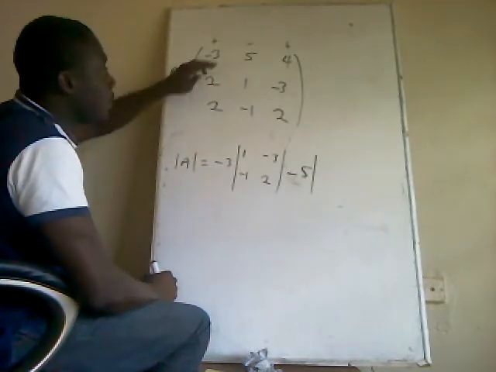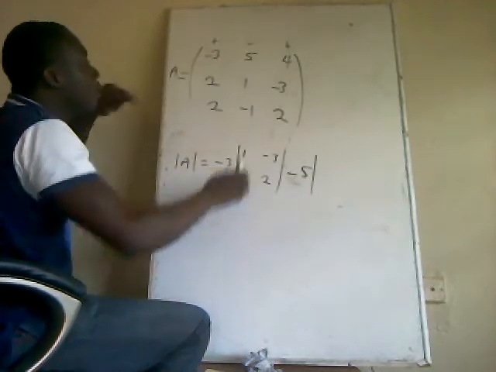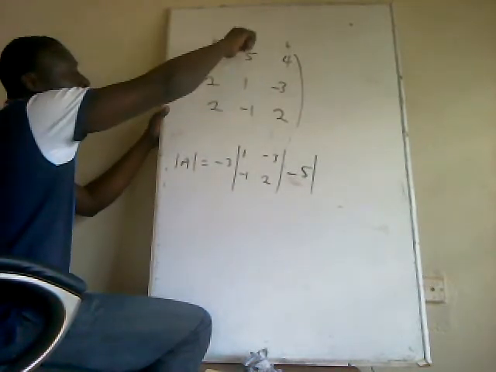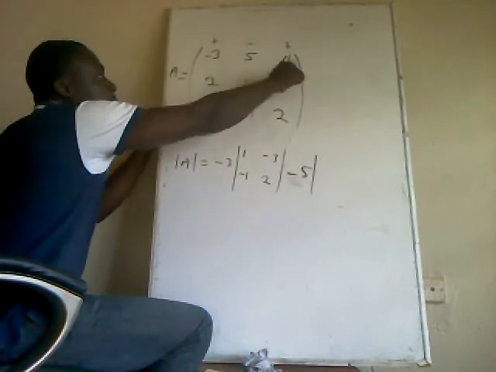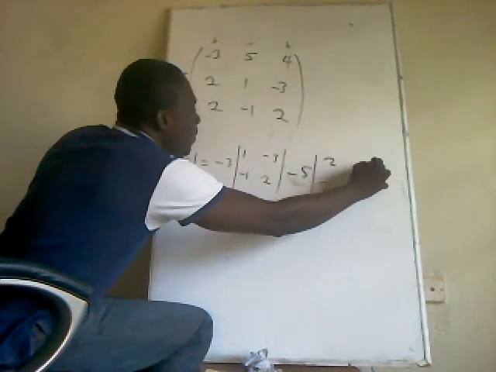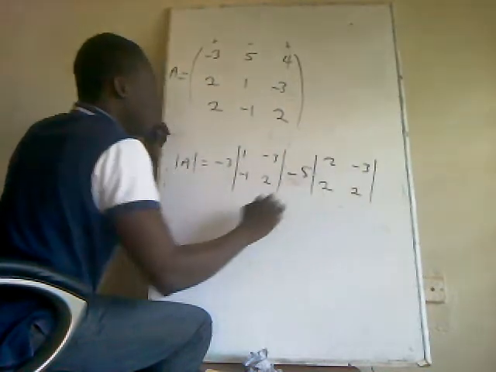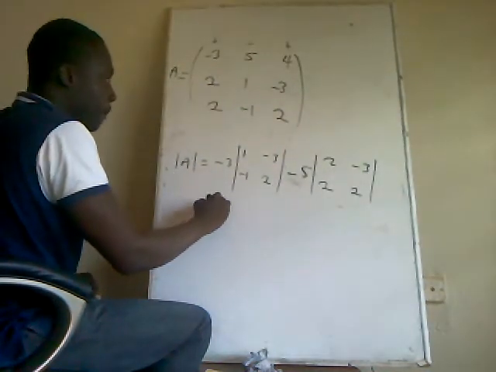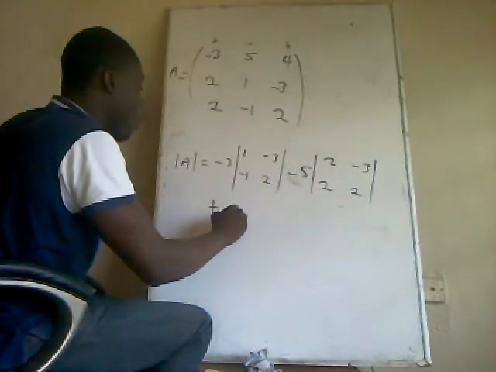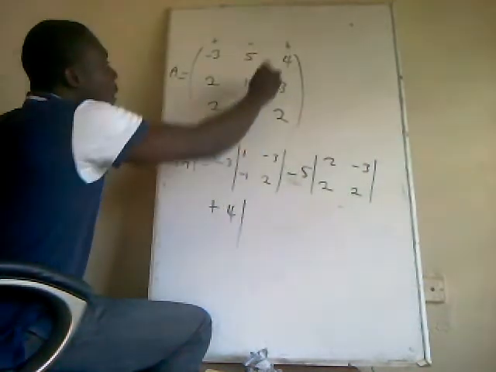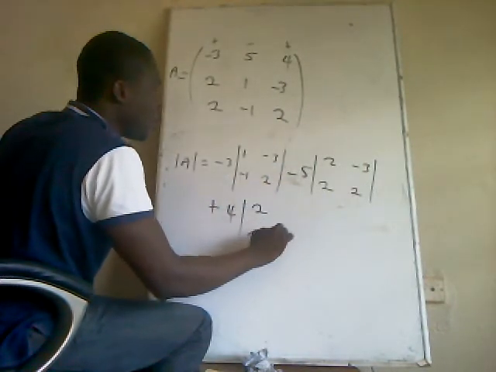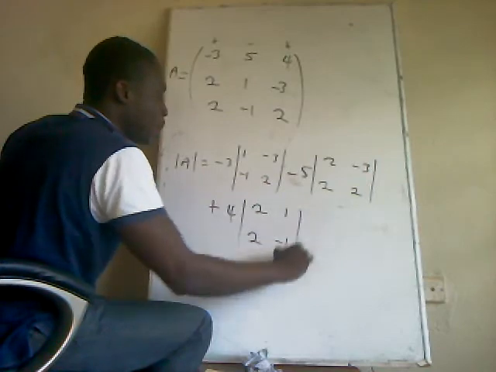And once I'm on the second element on the first row, I'll cross this and cross that. So I'm going to be left with 2, 2, minus 3, 2. Then plus, I'll choose this one next, which is 4. And I'll cancel this and cancel that. And I'll have 2, 2, 1, minus 1.